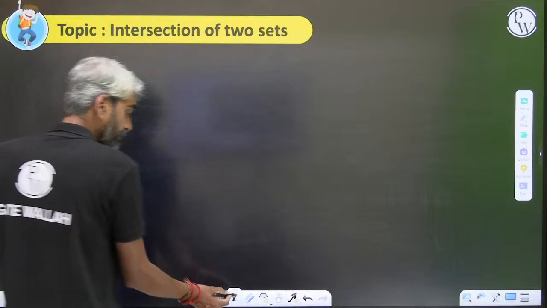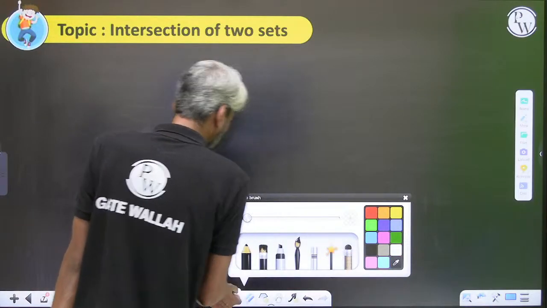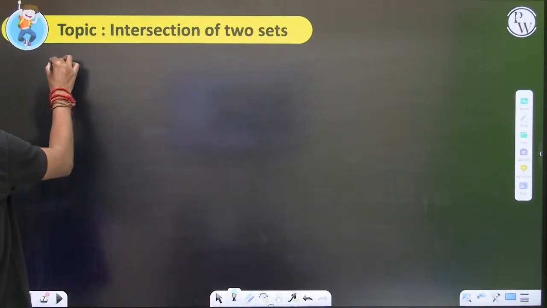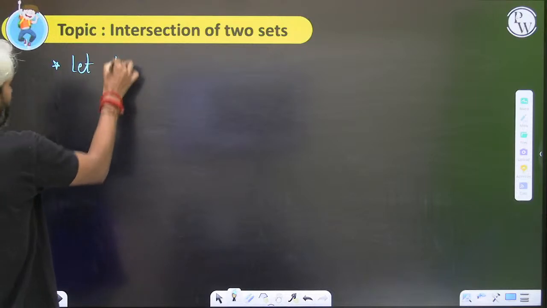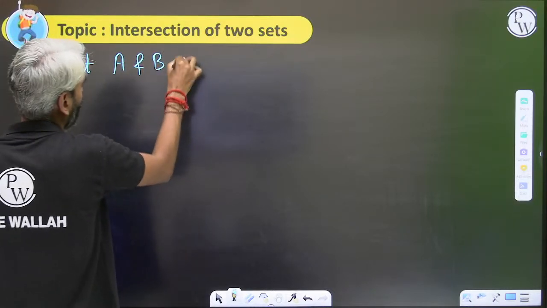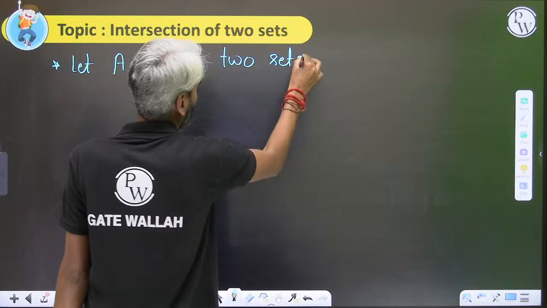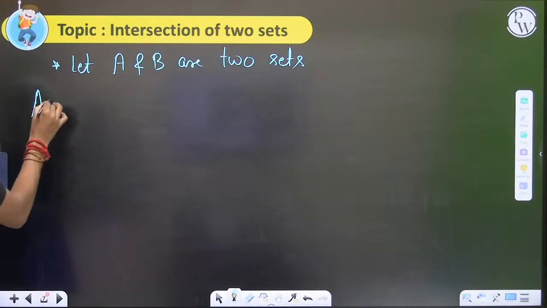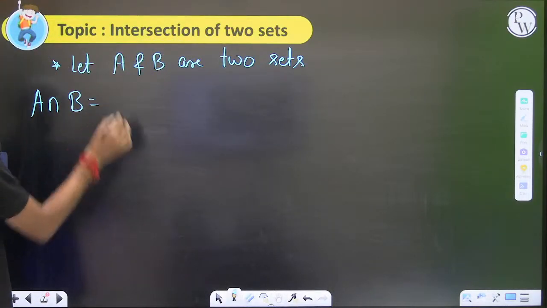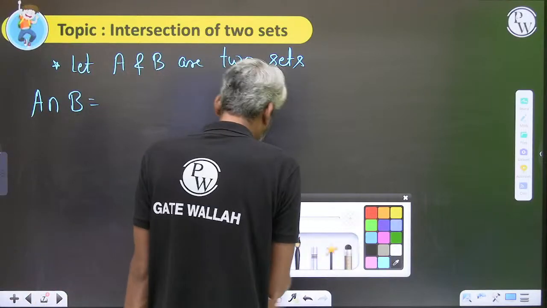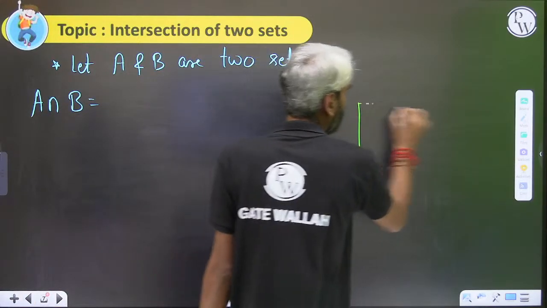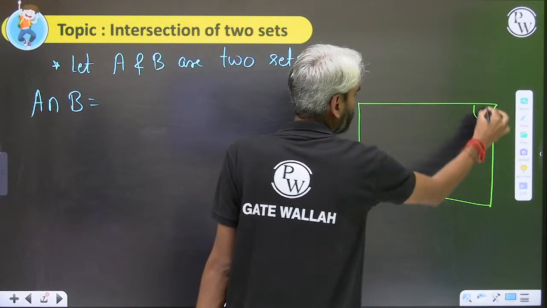Sir, how do we define the intersection? There is another thing which is important from the intersection point of view. So I'll discuss that. Let A and B be two sets. Yeah, fine. Sir, how do we denote the intersection? This is the symbol for intersection. Let's try to understand the intersection using the Venn diagram. So what do we mean by intersection? Let's assume that this is your universal set.